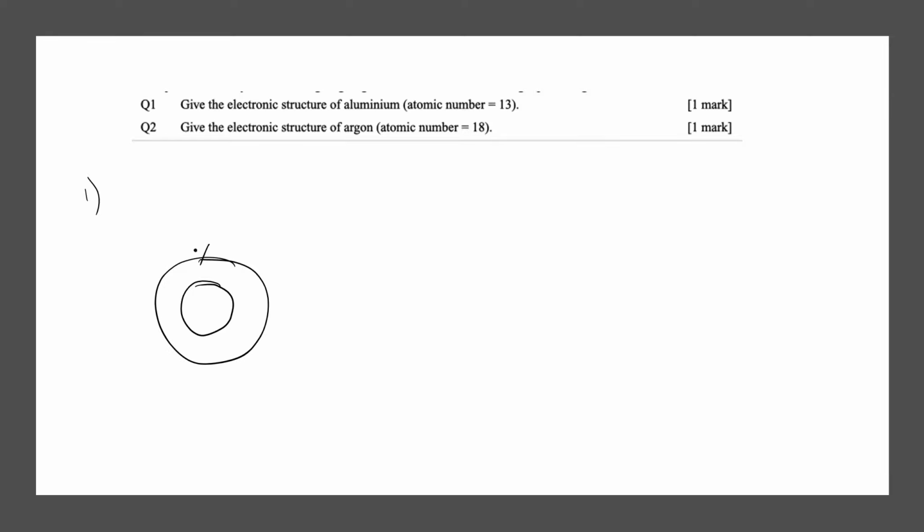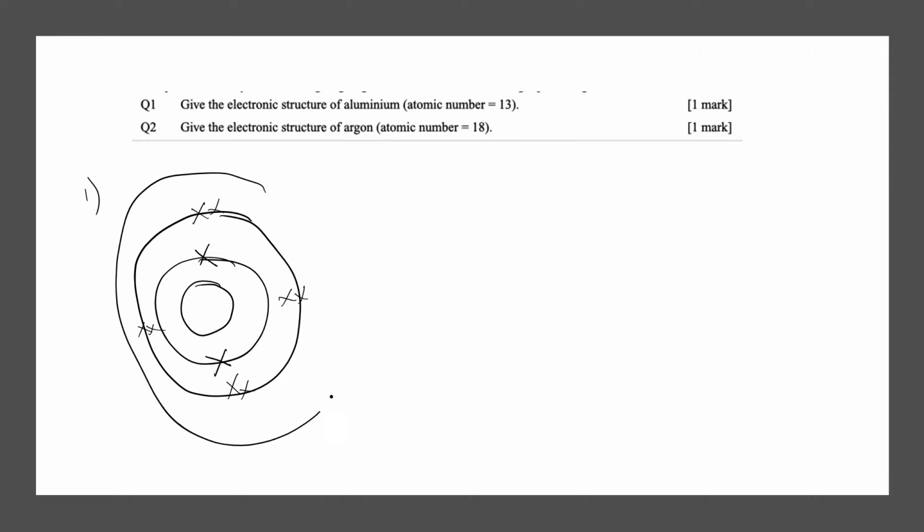The first one holds 2, and then we have our next electron shell. It has 13 in total, so we have 1 2 3 4 5 6 7 8. We have 10 electrons in total. We need 3 more, so we draw another shell, and 1 2 3, and that is our electronic structure of aluminium, and that will get you 1 mark.